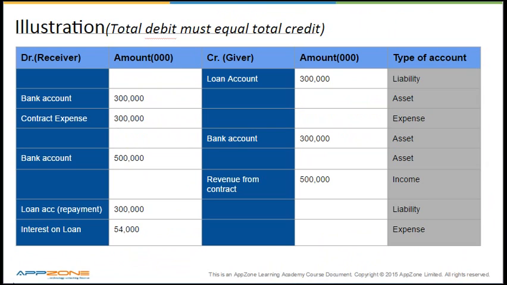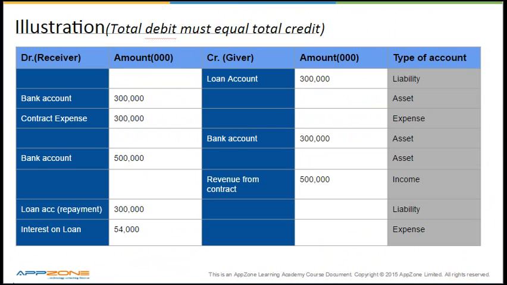So ZoneTech has a loan account for the bank, indicating that they got a loan of 300 million from the bank, and they'll also be debiting their bank account, having received this money into their bank account, 300 million.